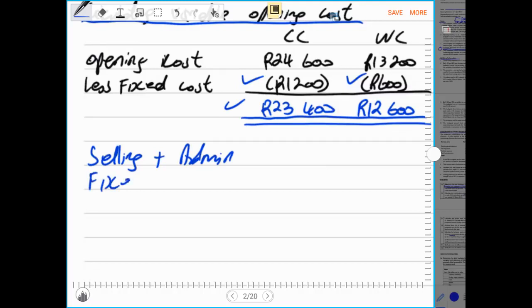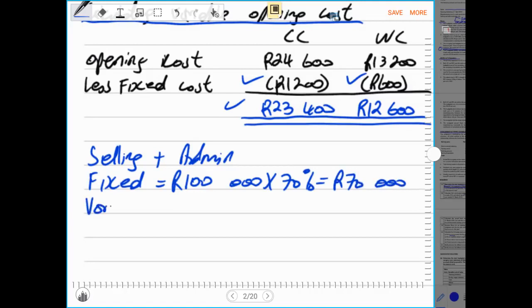Then I need to know the portion that is fixed, and the fixed portion is 100,000 times 70%, meaning the fixed selling and administration is 70,000. And the variable portion of selling and administration will obviously be 30,000 rands, which is 30% of 100,000 rands.